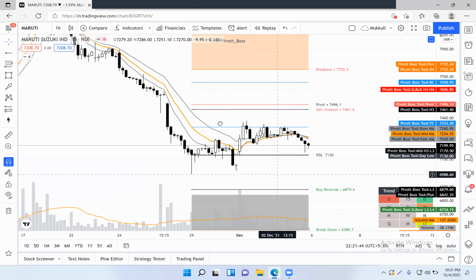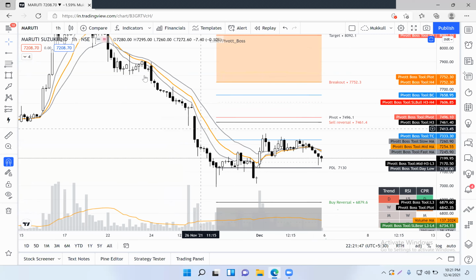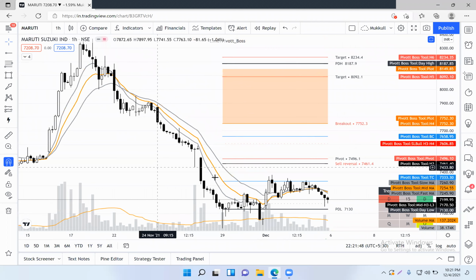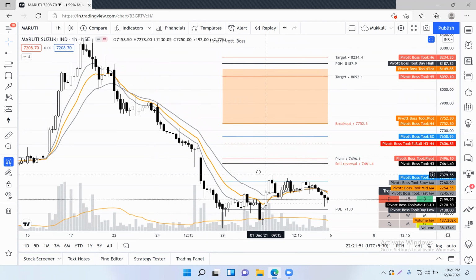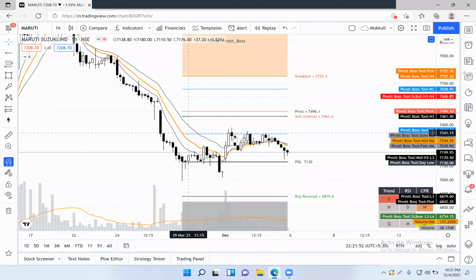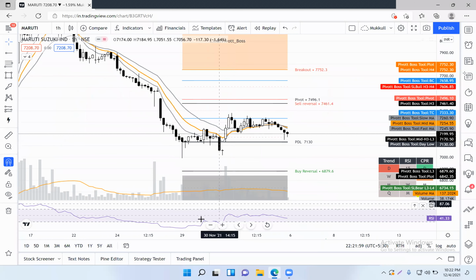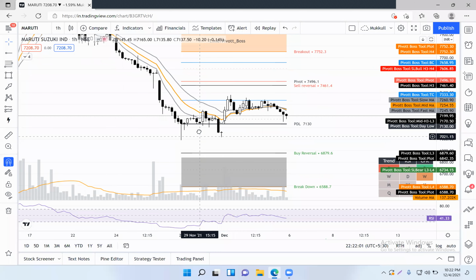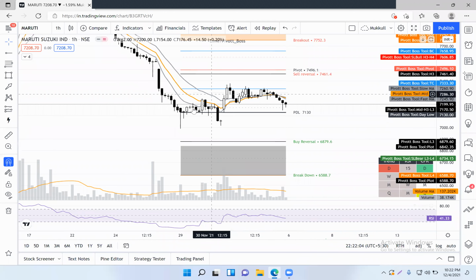So we were aiming like, what is it? This is also a pivot. Almost here. RSI भी बताऊं तो oversold था. So there were multiple confluences why we took this trade.